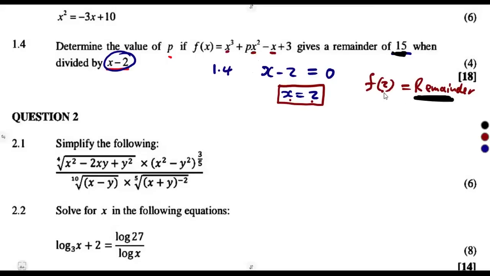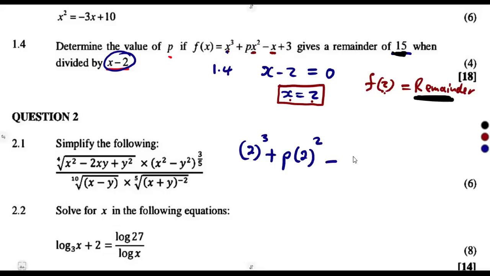In our case, f of 2 means wherever you see x, put a 2. So it's like this: 2 to the exponent of 3 plus p x squared, so this is 2 squared. P is the one that we need, so there's no substitution there.